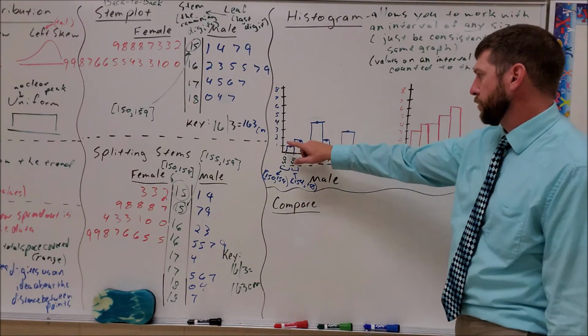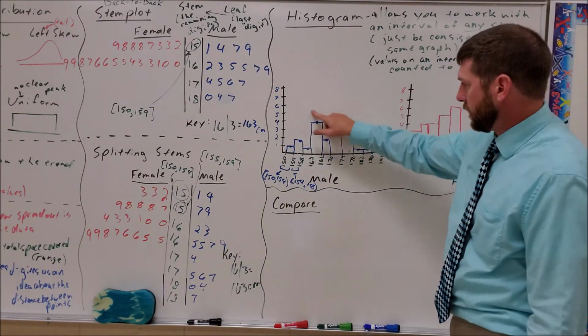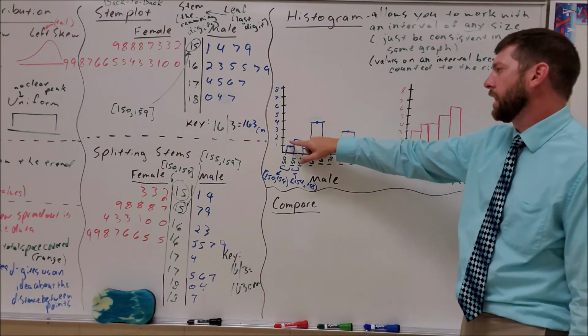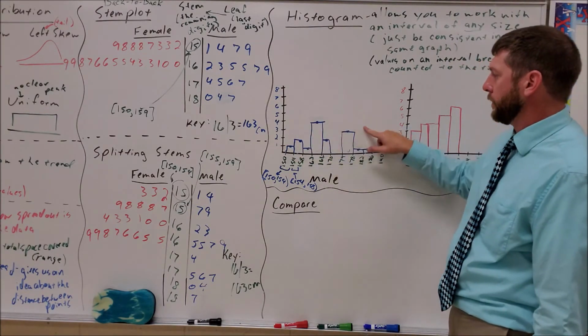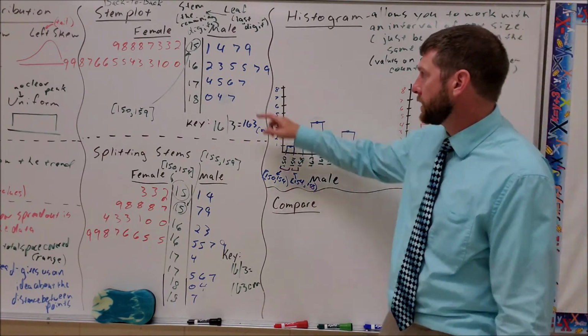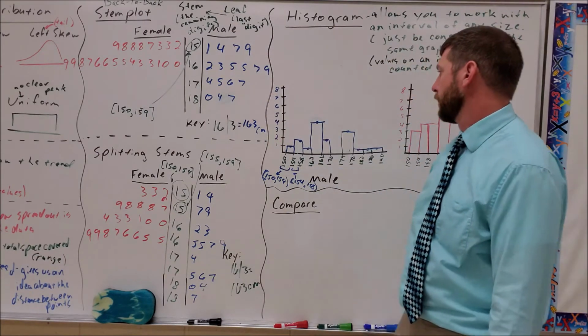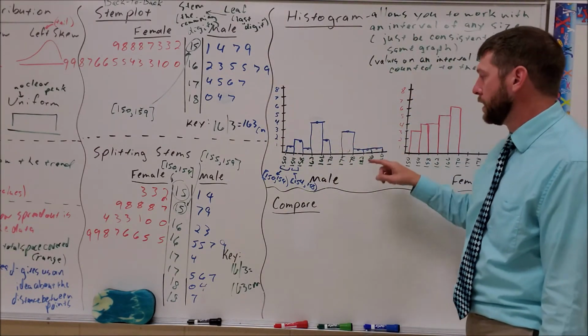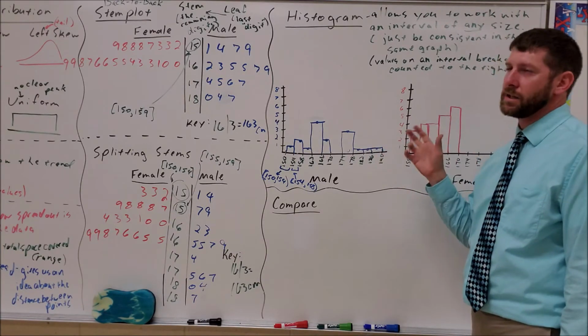I feel like the guys are probably, we saw it here, kind of a peak towards the middle. Maybe you could say bimodal, but I don't know if there's enough values to really go there. I feel like it's a really ugly symmetric graph right there. Kind of see it here with the males. Really ugly symmetric. You might be able to justify a right skew if you wanted to. Again, it's an approximation.